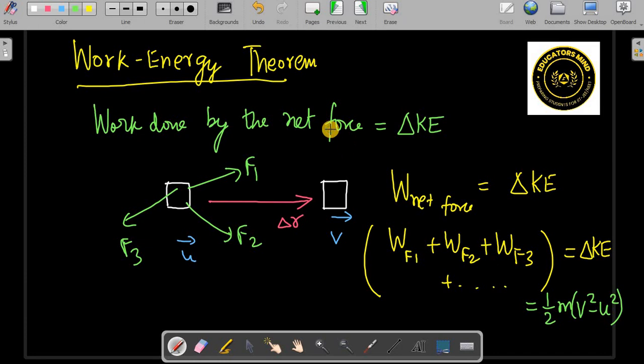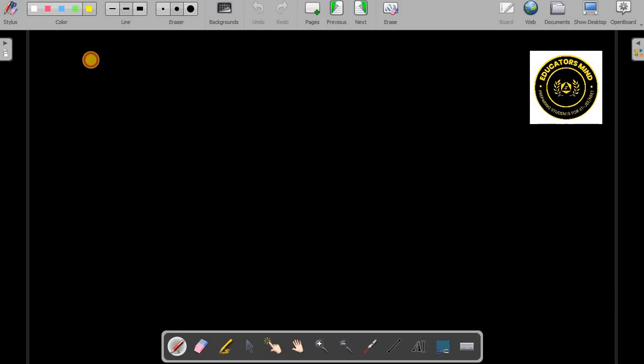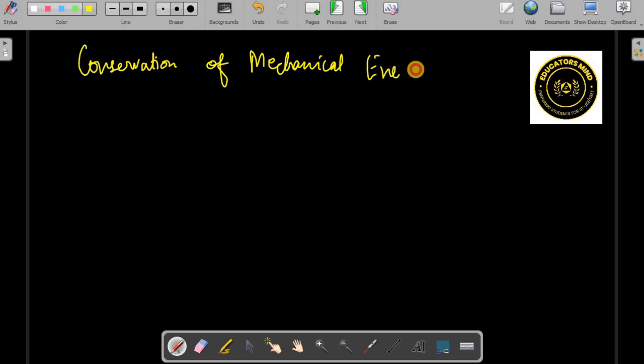Okay. So let us say conservation of mechanical energy. First of all, what is mechanical energy? Mechanical energy is the sum of kinetic energy plus gravitational potential energy.